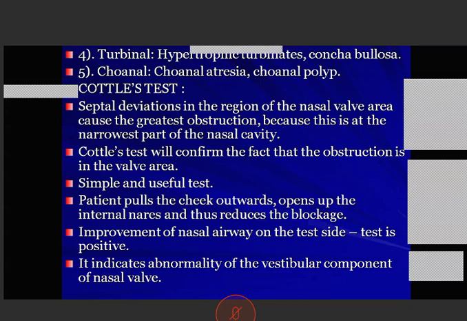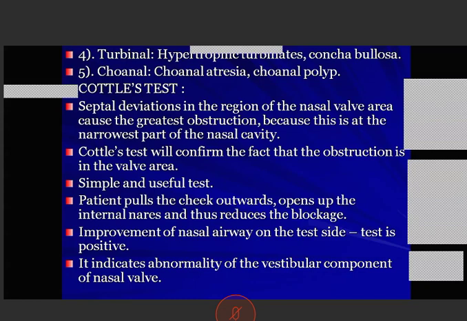This is the narrowest part of the nasal cavity, which is called the nasal valve. So to detect whether the obstruction is in the nasal valve or not, the Cottle's test is done.